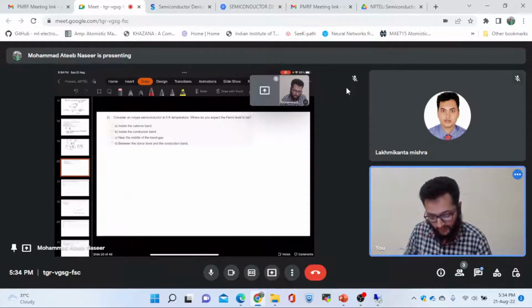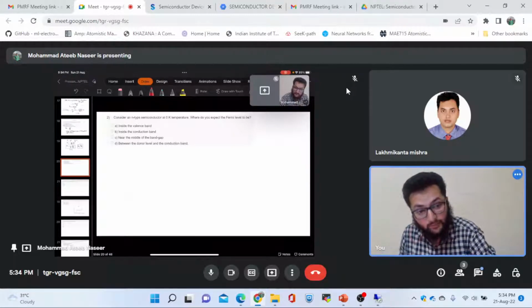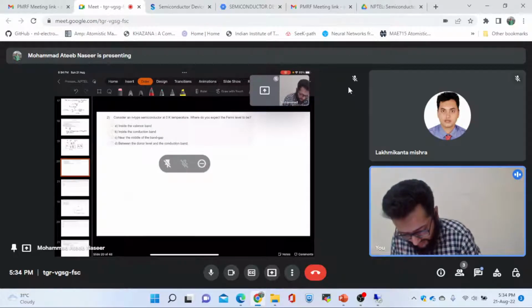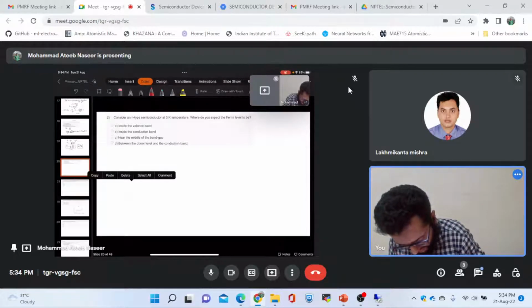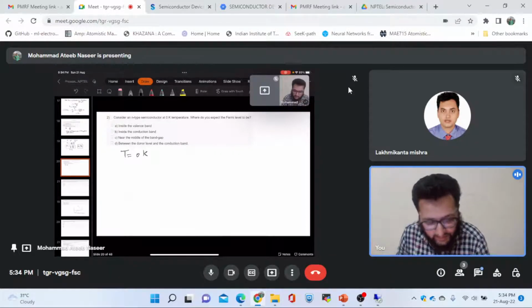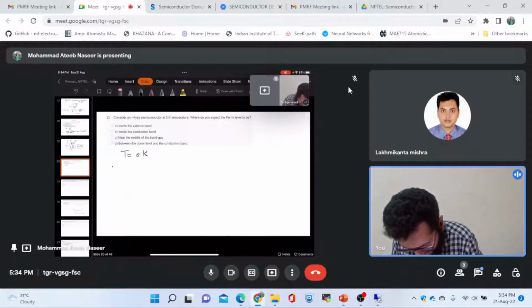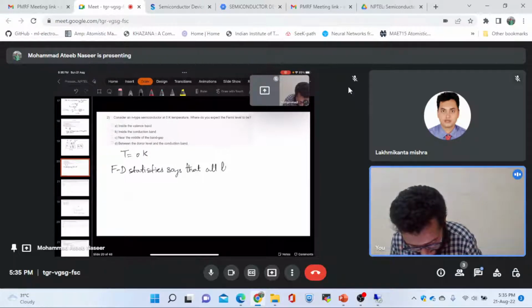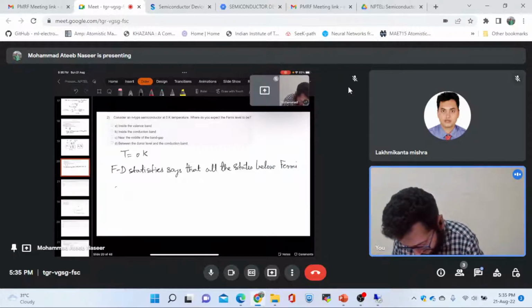Now here is the trick, because we have been told that the temperature is 0, and we know that at T equal to 0 Kelvin, this is the simple definition of Fermi-Dirac statistics: all the states below the Fermi level should be filled with electrons.